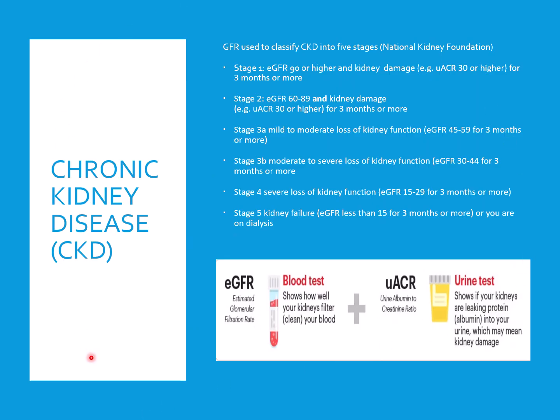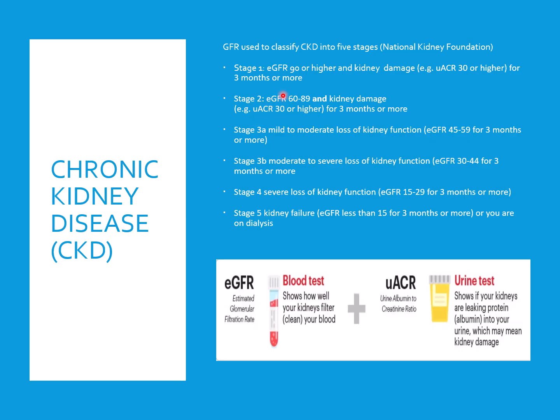So with chronic kidney disease, we talk about it in stages, and you can see here on the bottom, again, there's my GFR, which is my blood test, plus my urine tests looking for albumin. So again, these are really the classic markers that we use to talk about CKD. GFR is used to classify CKD into 5 stages, and this is from the National Kidney Foundation. So stage 1, our GFR is still relatively high, but we're starting to see albumin leaking into the urine.